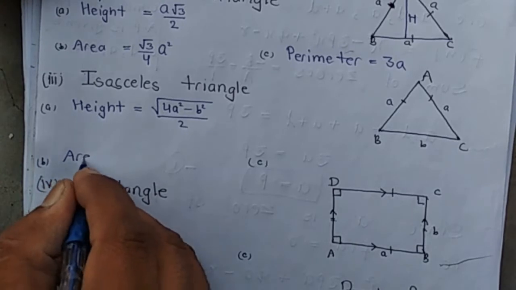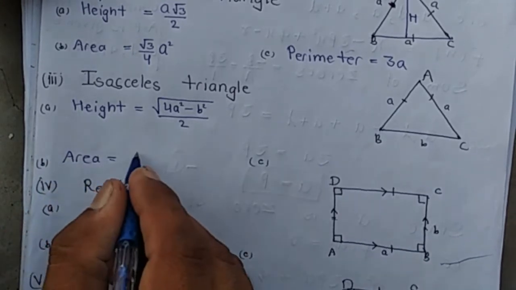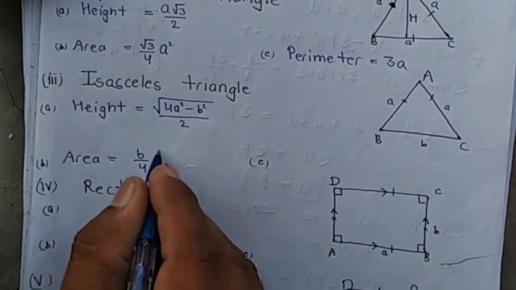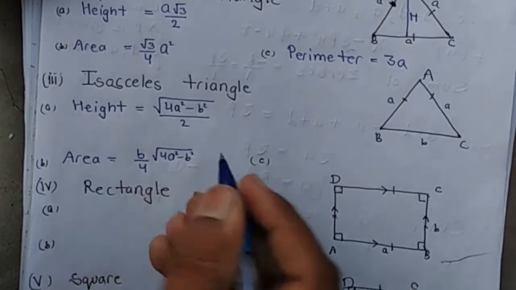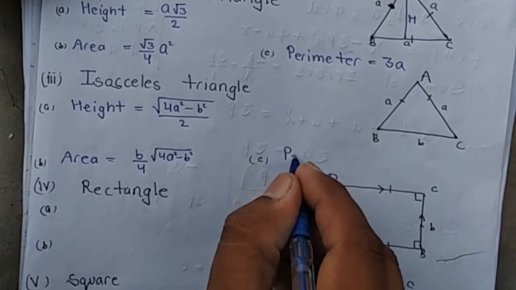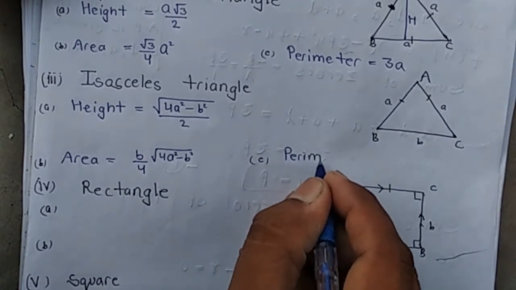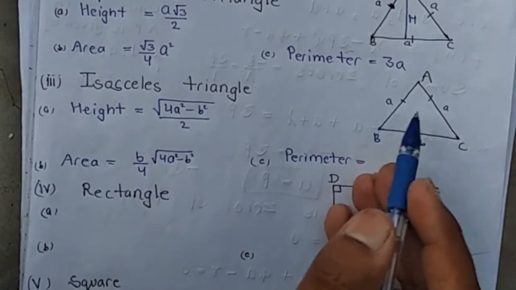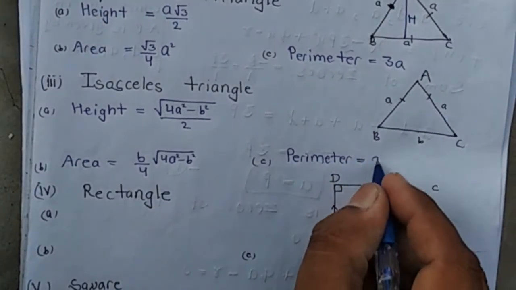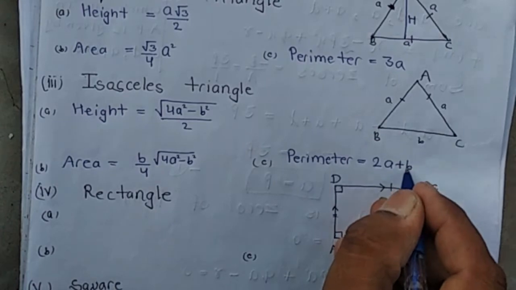Area is B by 4 square root of 4A square minus B square, and perimeter means the sum of the boundary, the sum of sides, which is A plus A plus B, means 2A plus B.